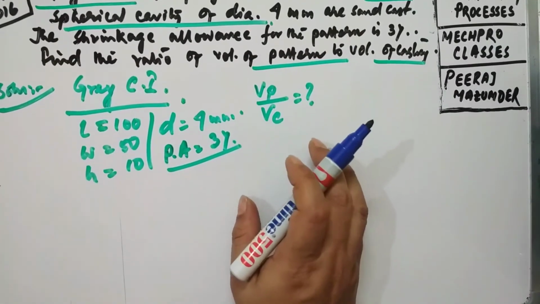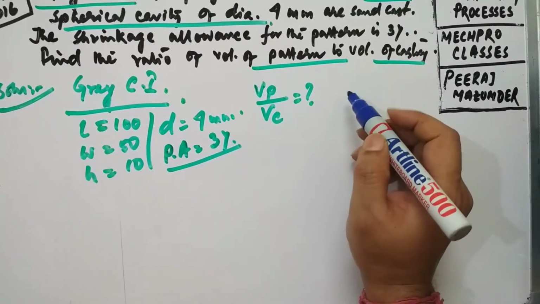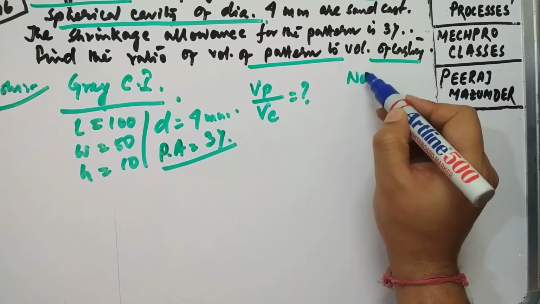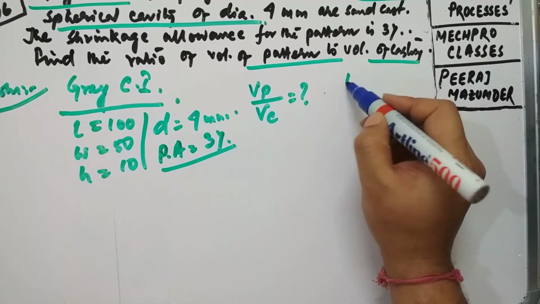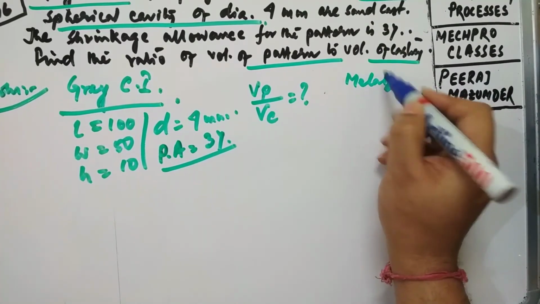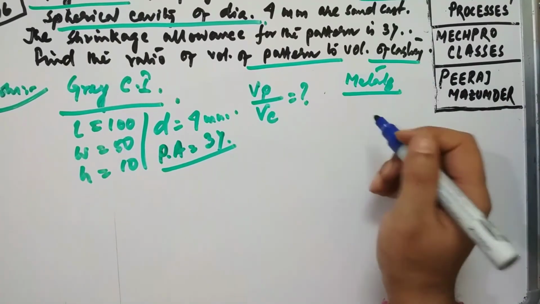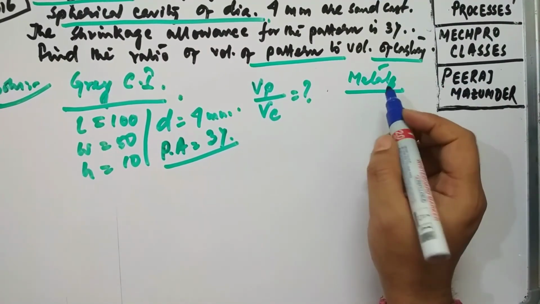So there comes a new concept. Look, for normal metals, that is, metals other than grey cast iron, what happens, you already know, after solidification it shrinks, that is, it reduces its dimensions.